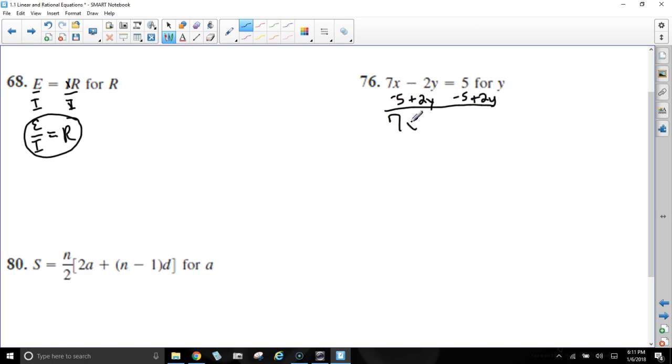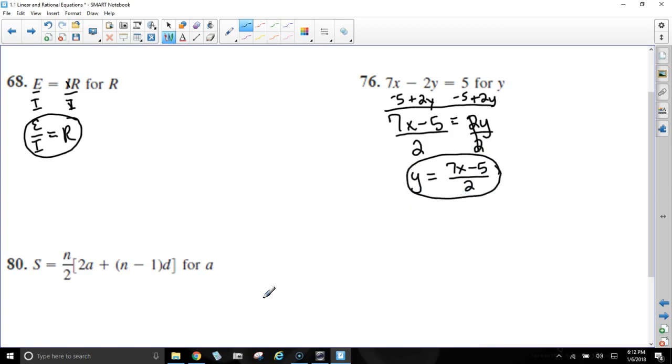That way we have 7x minus 5 equals 2y, and we're solving for y, so we're going to divide both sides by a positive 2. It just looks prettier to divide by a positive whenever you possibly can. So we solved this for y, and we got y equals 7x minus 5 all over 2.